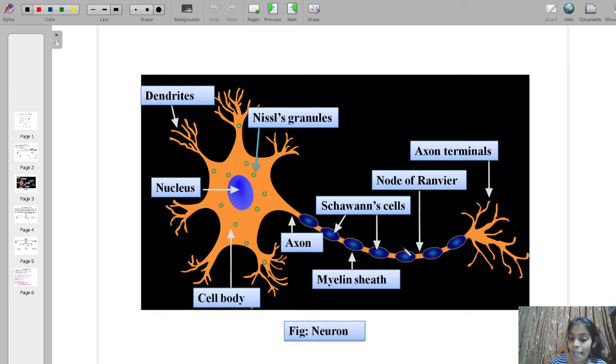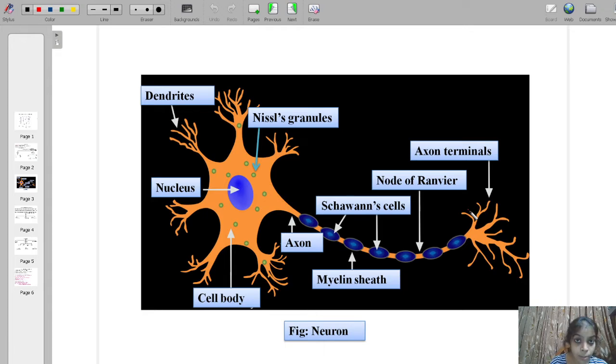So once this takes place, then the axon, at last it divides into several branches which are called axon terminals, and each axon terminal at its end has a swollen region which is called axon bulb or synaptic bulb.